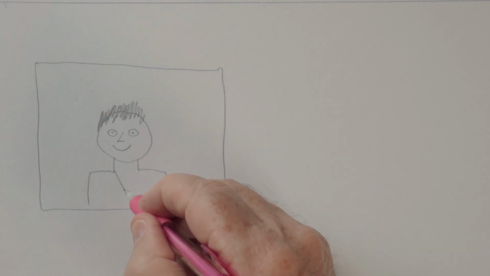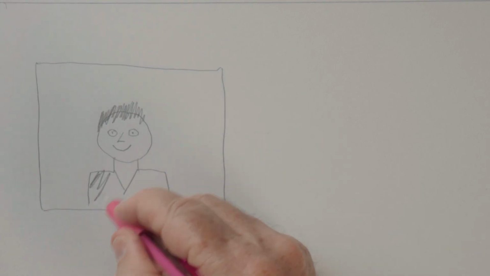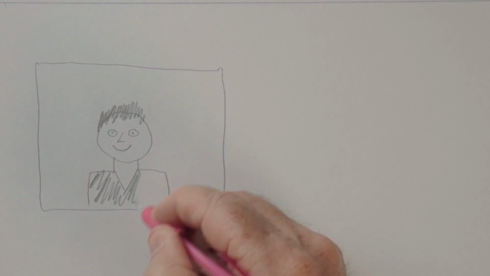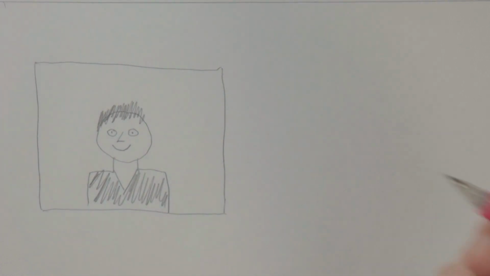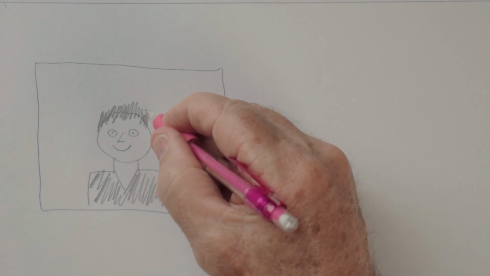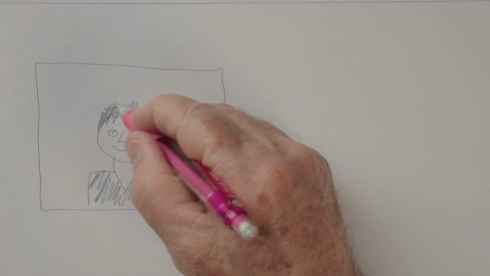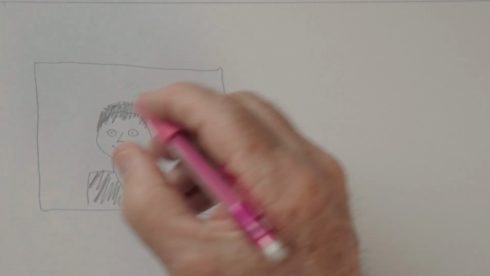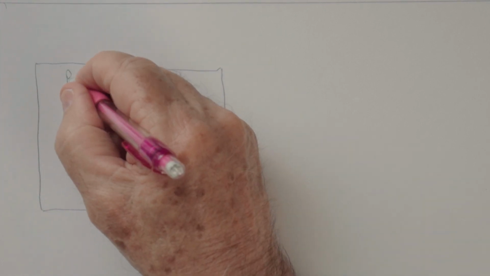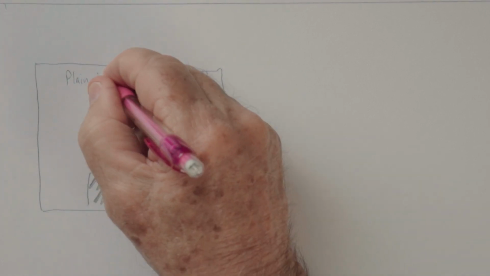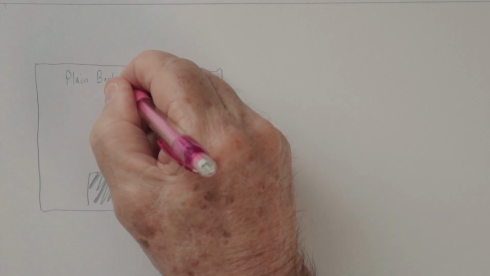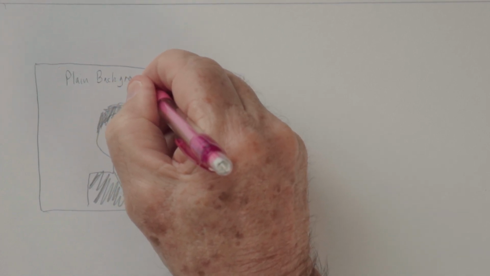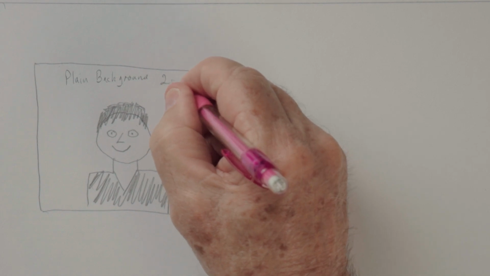Now let's suppose that she is wearing a dark top. And also let's suppose that the background is still that plain background, and it's at 20%.